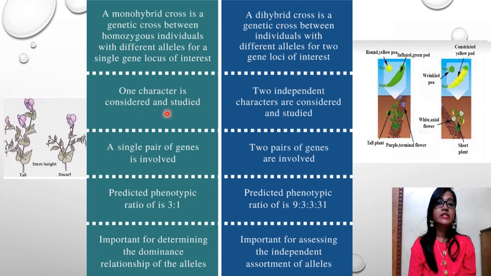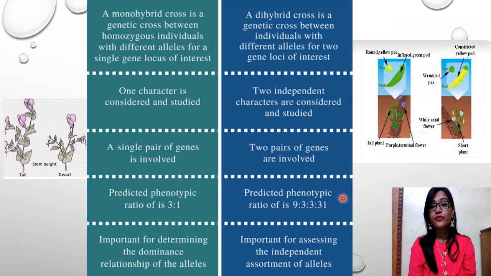One character is considered and studied at a time in a monohybrid cross. In a dihybrid cross, two independent characters are considered and studied. In a monohybrid cross, a single pair of genes is involved; in a dihybrid cross, two pairs of genes are involved. In a monohybrid cross, the predicted phenotypic ratio is 3:1, three tall and one dwarf plant, if you remember.